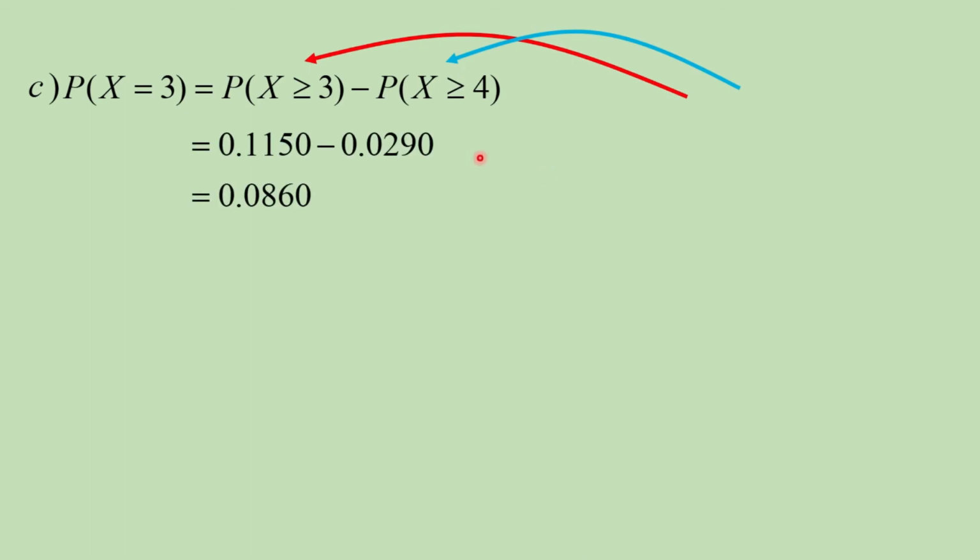Okay, so by using the table, you have 0.1150 for probability x more than or equal to 3 minus 0.0290 for probability x more than or equal to 4. Simplify, you will get 0.0860. Okay, so make sure to create the formula for the function to be probability x more than or equal to 3 minus probability x more than or equal to 4.